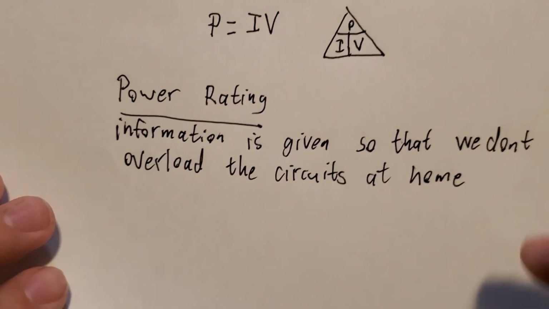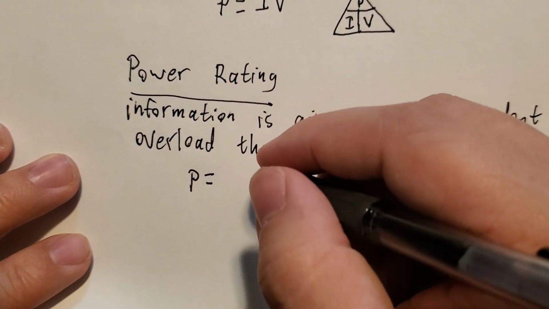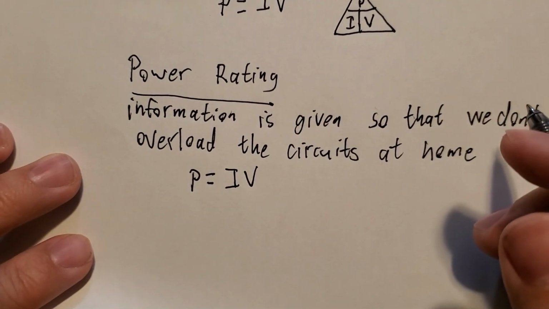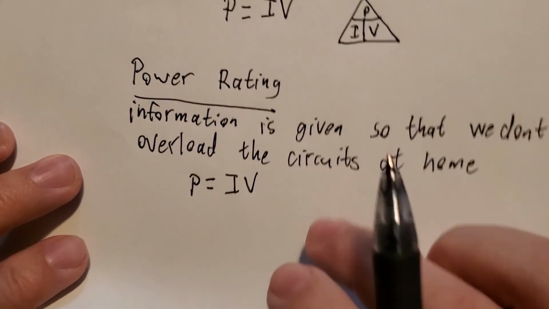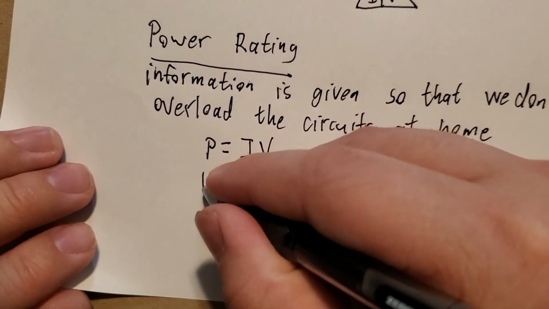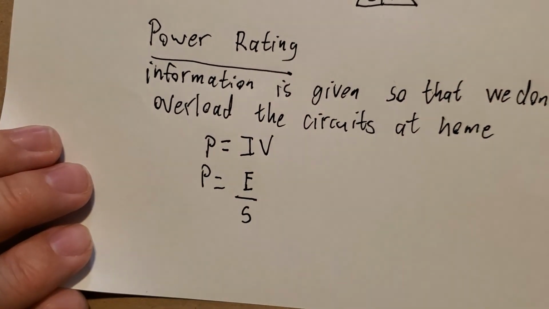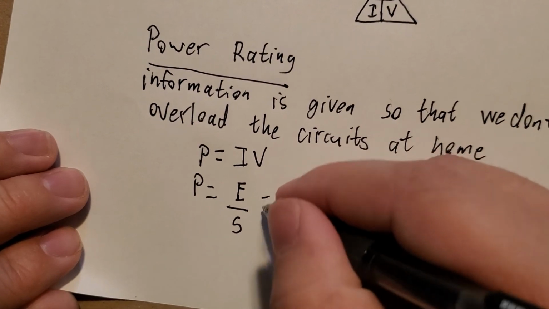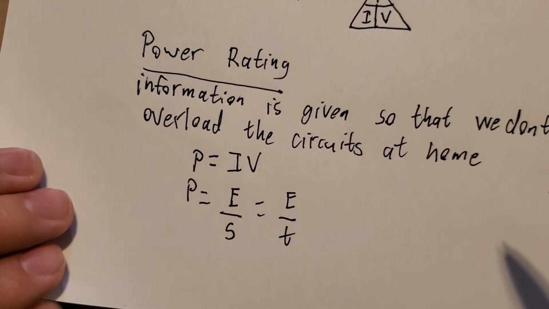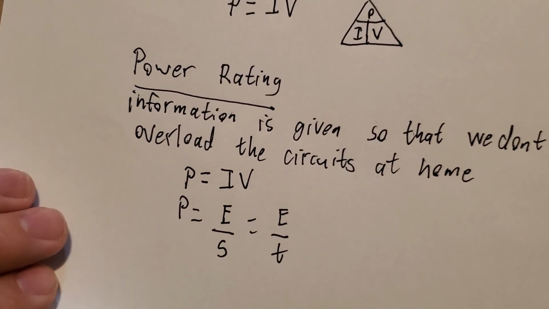And again, power equals IV, and we can also determine power because we're talking about energy per second. So power is also energy per second, E per T. Sometimes you can be given energy in joules, and then you can just divide by time, and you can determine how much power you have.